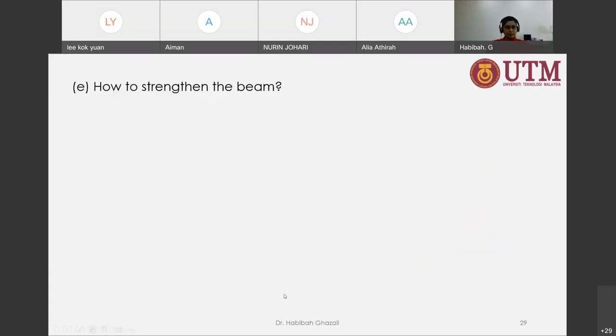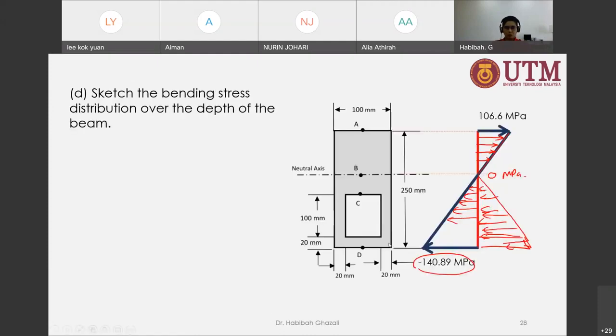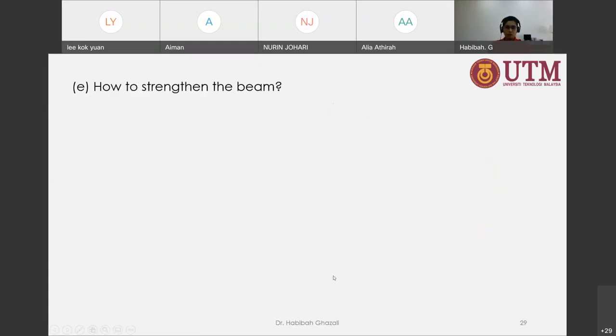And lastly, this is another extra question that I want to ask. How to strengthen the beam? What do you think you can do to strengthen this beam? You know that this beam is experiencing very high stress at the top and the bottom part. What can you do to strengthen this beam?